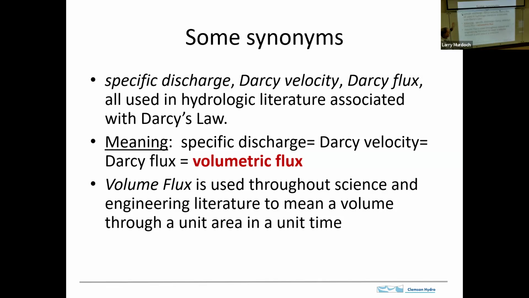Just as a heads up, I don't like these terms because, for example, with Darcy velocity, we'll see that the velocity and the flux are different. The velocity of a particle of water is actually faster than the flux when it goes through porous media. So you don't want to be confusing velocity and flux. I just point this out to give you a heads up.